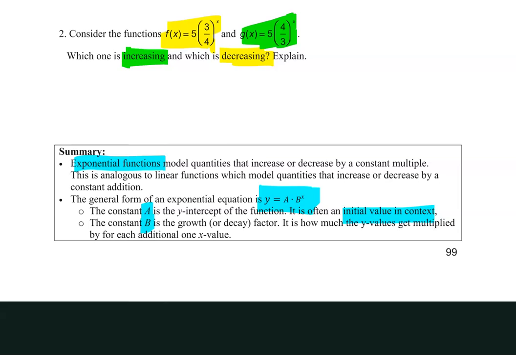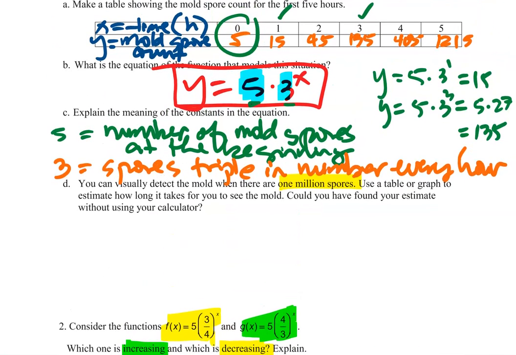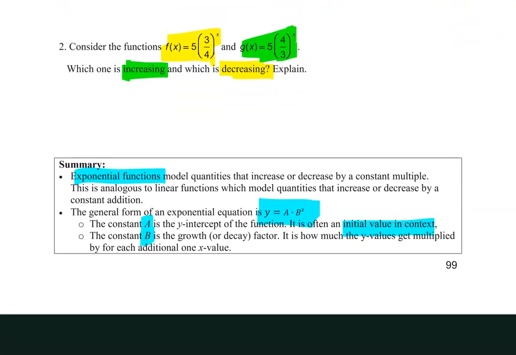Then the constant b is the growth or decay factor. It is how much the y values get multiplied by for each additional 1 x value. So that's why here it triples every time. So that is your b. So here from problem number 2, take a look at your b. Your b here is 3/4, and we said that it is decreasing.